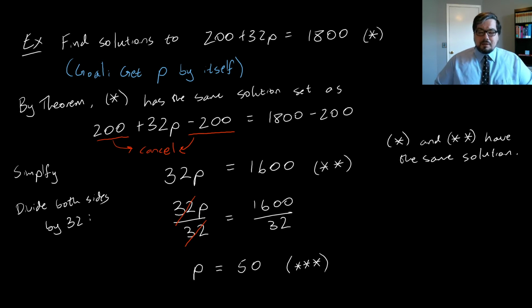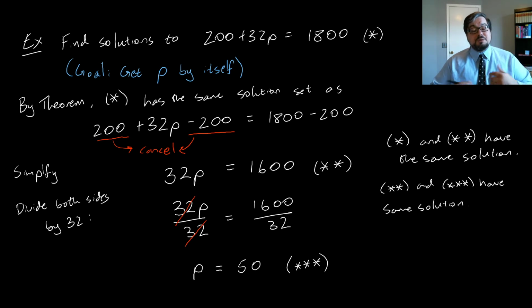So now we have that double star and triple star have the same solution, because we used this theorem again. We divided both sides by the same number.